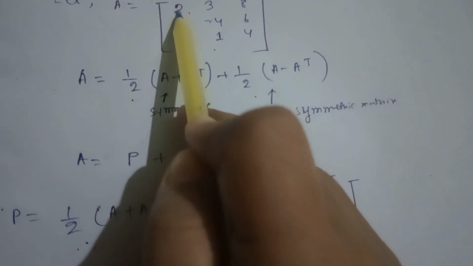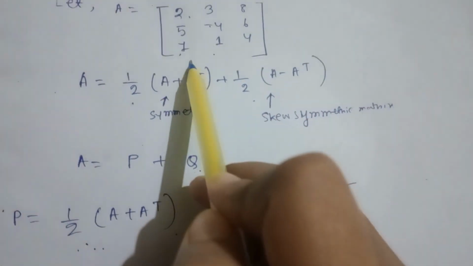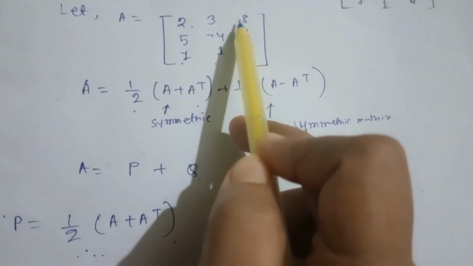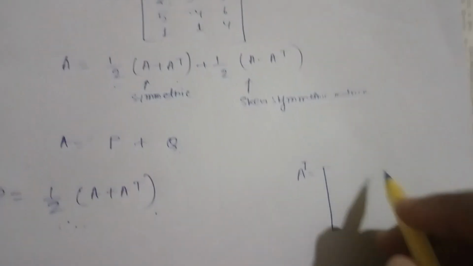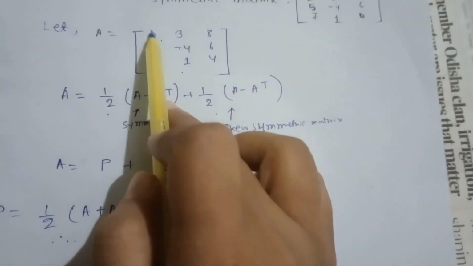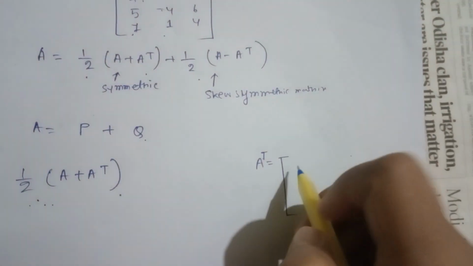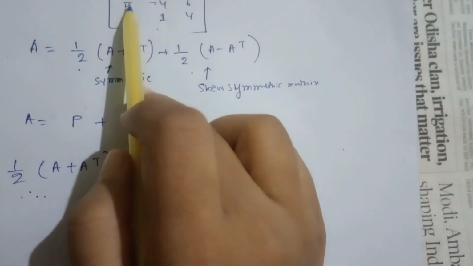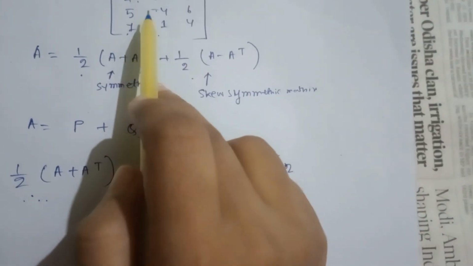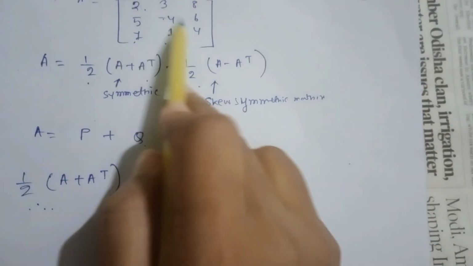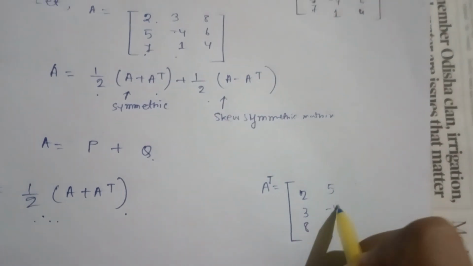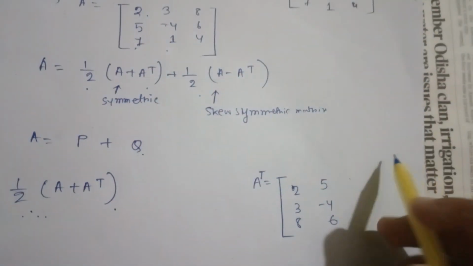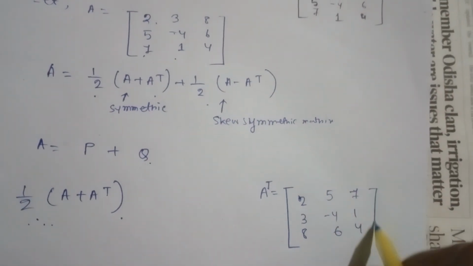Transpose means the first row will be the first column, the second row will be the second column, and the third row will be the third column. So 2, 3, 8 will be the first column, 5, -4, 6 the second column, and 7, 1, 4 the third column.